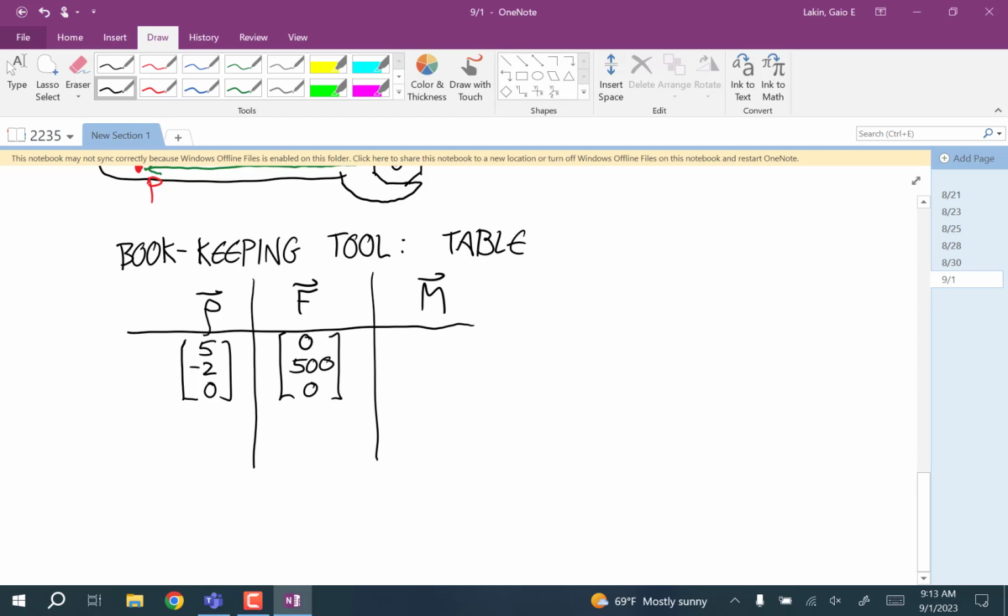So let's think about what this looks like. If that rho vector is 5, negative 2, 0, the rho vector is something like that. You can think of the point where the force is applied there, the about point here. The force is 0, 500, 0, so that force is this.